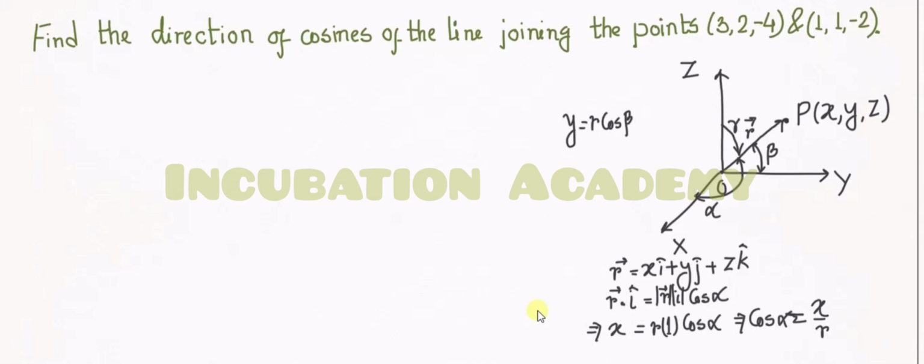So cos beta equals y by r. Similarly, cos gamma is equal to z divided by r. So cos alpha is x by r, cos beta is y by r, and cos gamma is z by r.